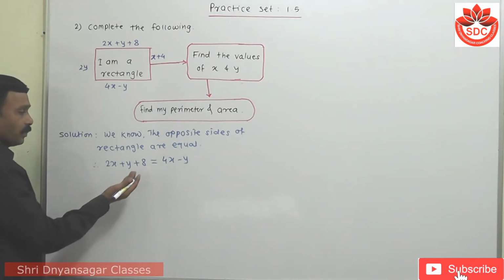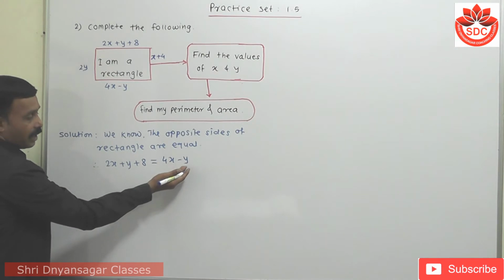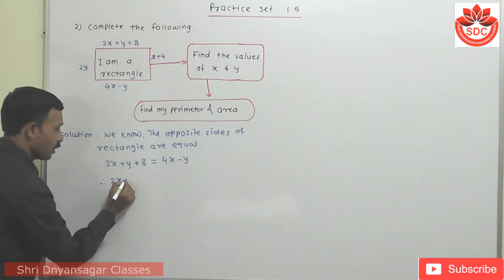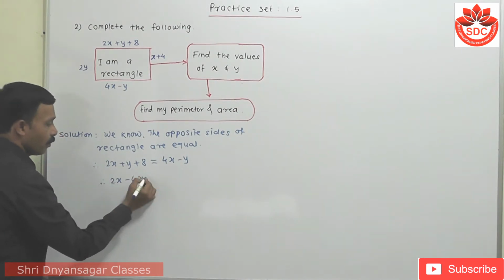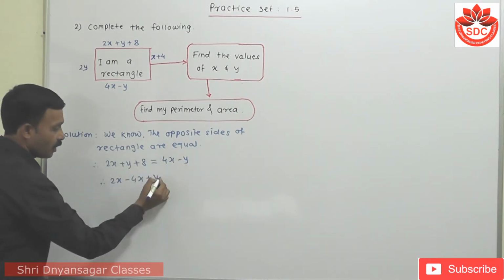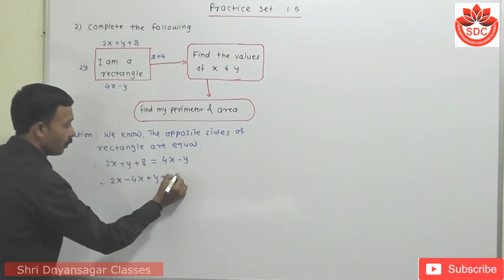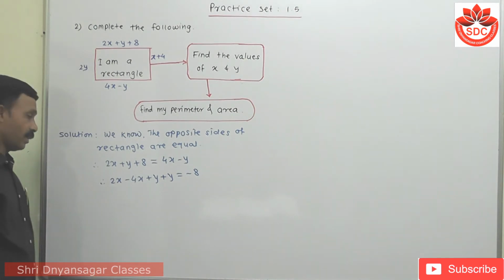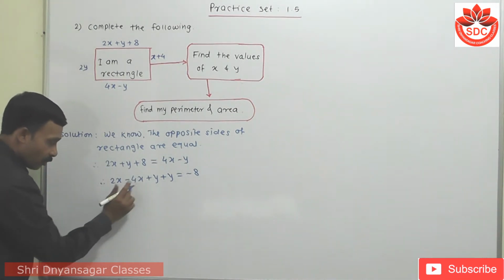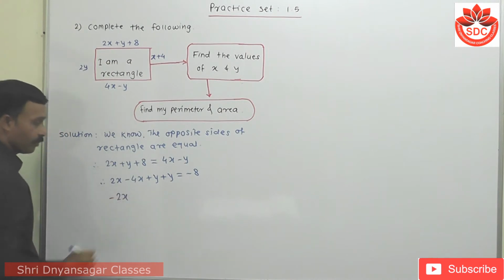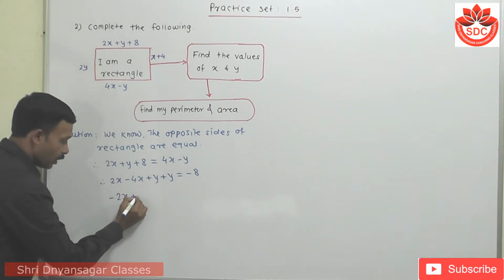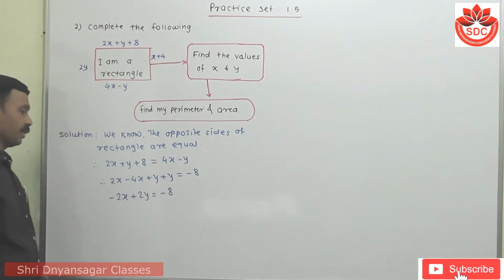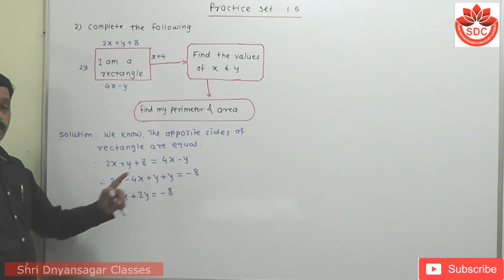Then transpose this 4x and minus y to this side and 8 to this side. We get 2x minus 4x plus y, then transposing plus y, is equal to 8, which when converted to the other side becomes minus 8. Then the subtraction of these two is minus 2x. The addition of these two is plus 2y, equal to how much? Minus 8. Students, we can divide both sides by 2.